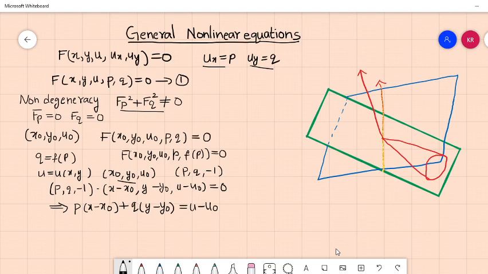And as p varies, this describes a one parameter family of planes through the point x naught, y naught, u naught. The envelope of these planes will be a surface, and that envelope is called the Monge cone.